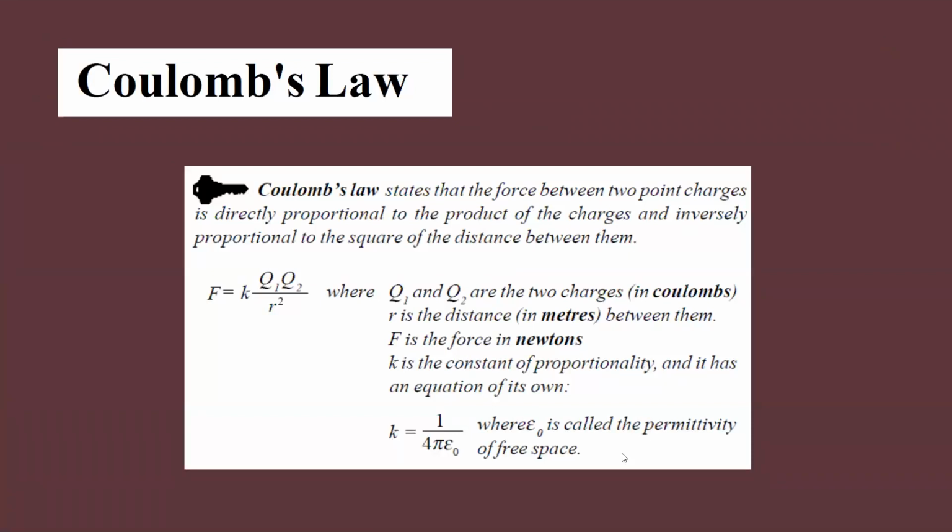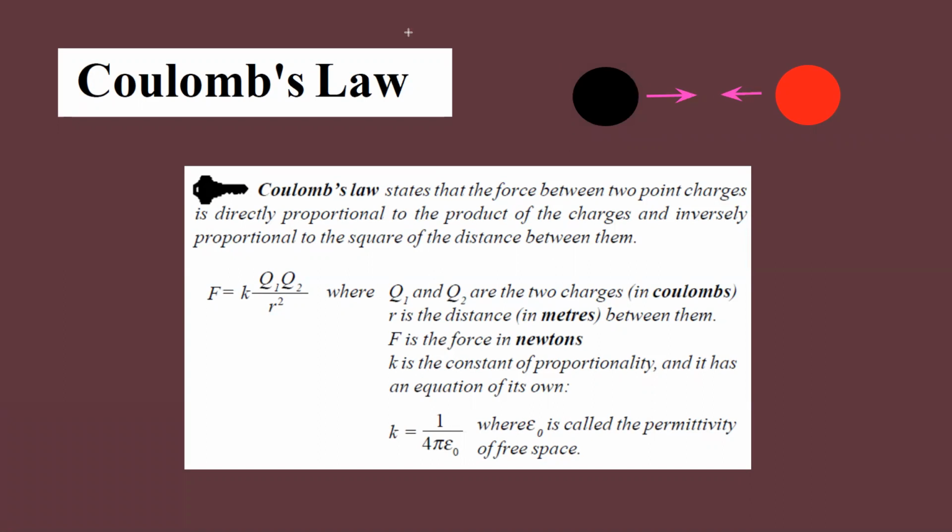It states, for example, if you have two charges, unlike charges or like charges: if they are like charges, they will repel, and if unlike charges are there, they will attract. So unlike charges will move towards each other, so the direction of the force is towards the center, or towards each other.